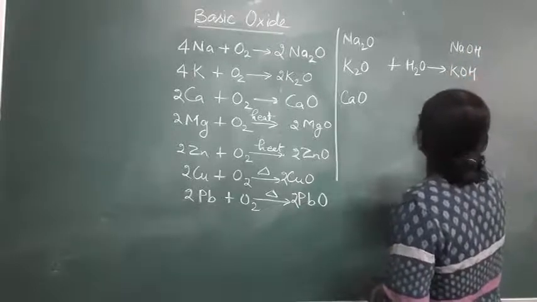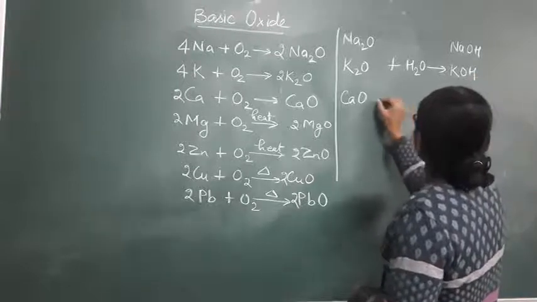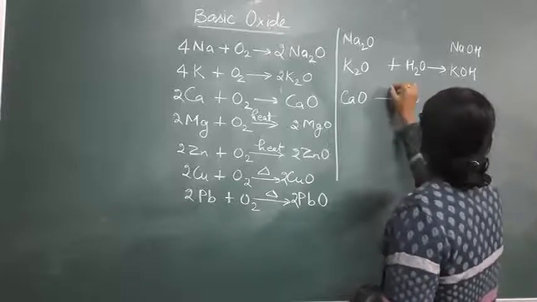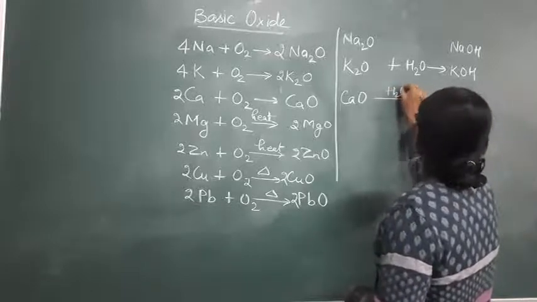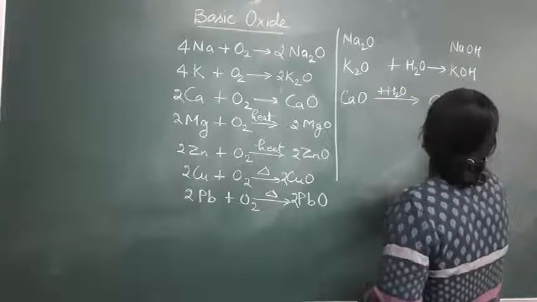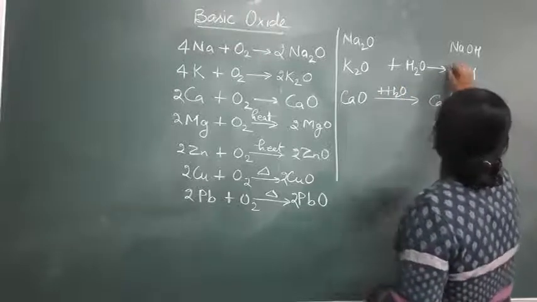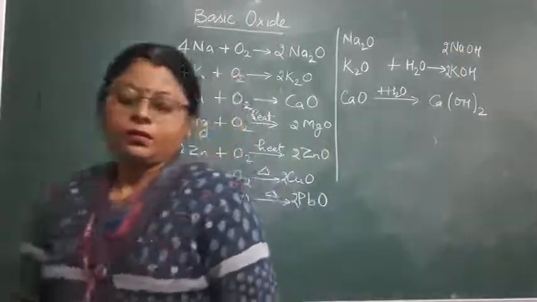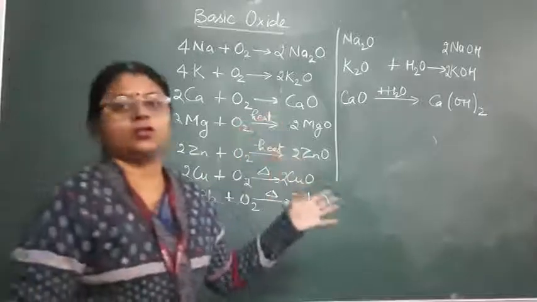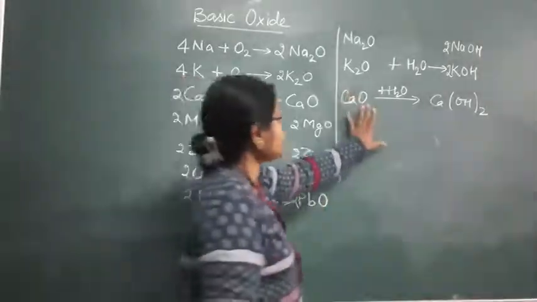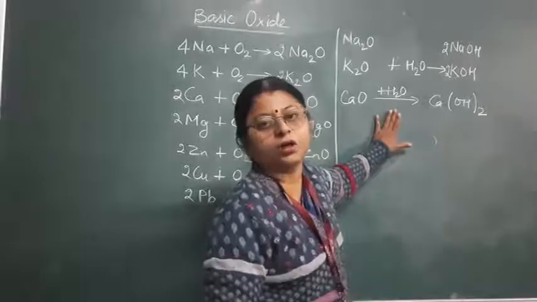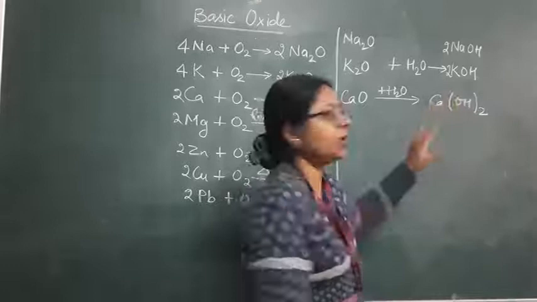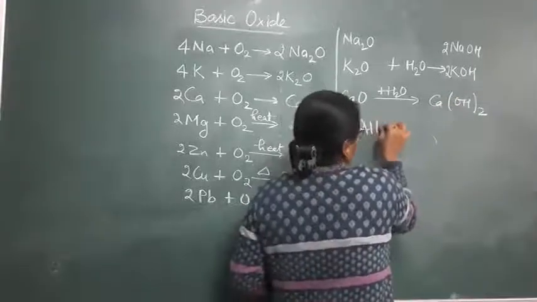KOH, and calcium oxide, when it reacts with water, forms Ca(OH)2. Because these basic oxides are soluble in water, the resulting hydroxides are known as alkalis.